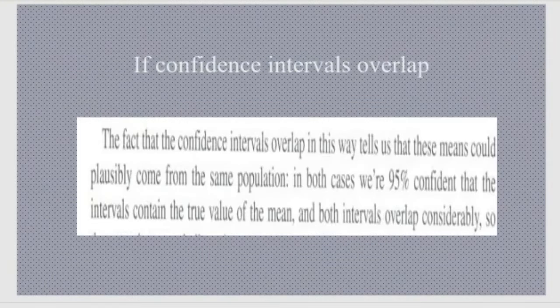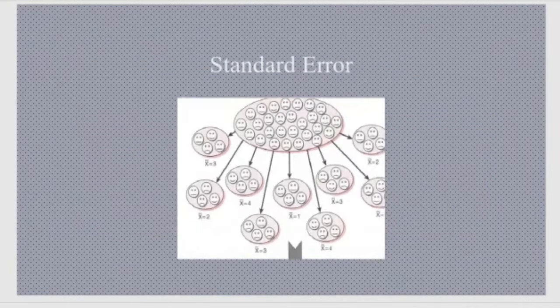Okay, any question? Yes, one question. How are standard error and confidence interval different? They're not exactly different. A confidence interval is an interval within which we know the population mean is there.